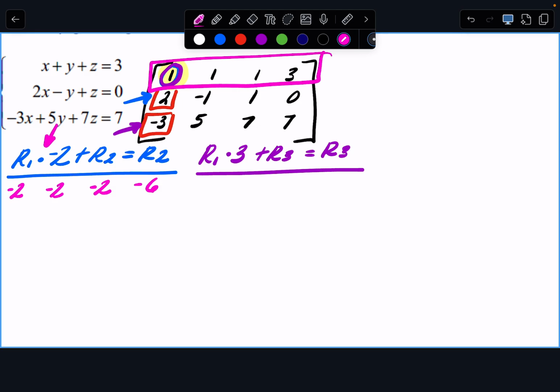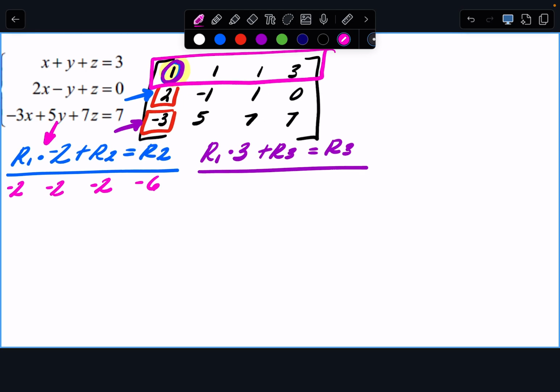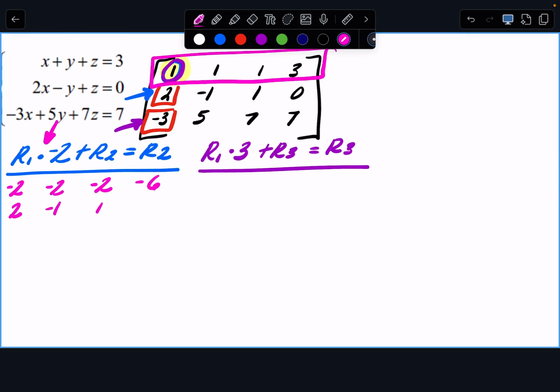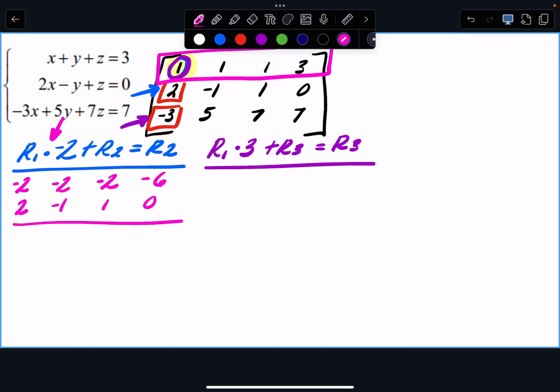Write down current row 2 under it: 2, -1, 1, 0. And then add straight down. These all look alike, I guess, really. So I get 0, -3, -1, -6, and that's my new row 2. I need to make note of that.